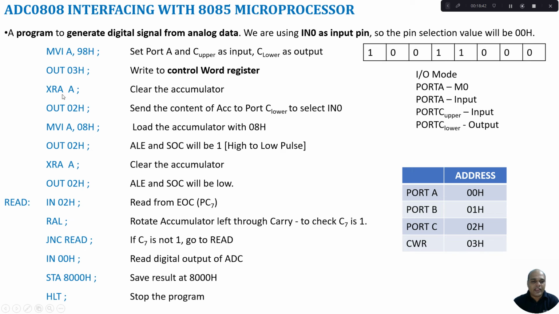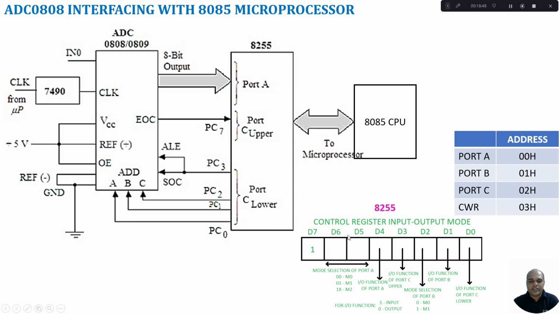After clearing the accumulator, we send that value to 02. 02 is your port C. We are sending the value 0 to this port C, which means A, B, C will be set with 0. Thereby IN0 will be selected. And we have also sent 0 to start conversion and ALE. So we have not yet initialized the conversion. We are just selecting the input here.